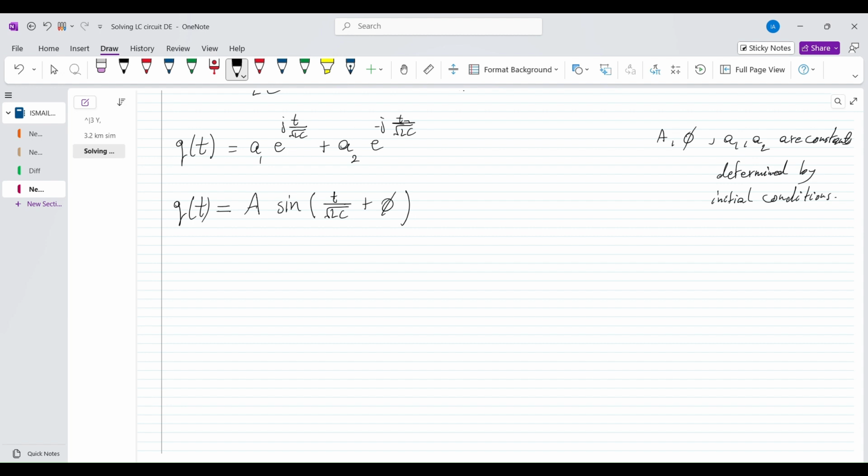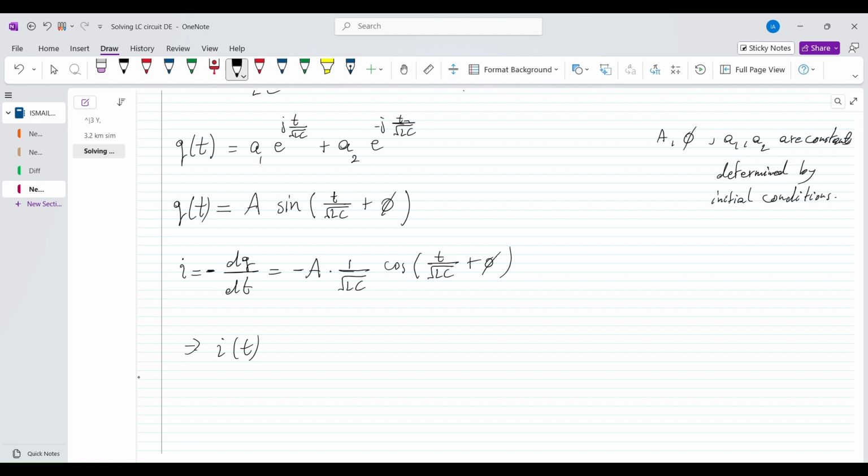We solved for q. Now can we solve for I? Yes, we can solve for I. I is equal to minus, don't forget the minus sign, dq over dt. And this will be minus a multiplied by 1 over the square root of LC multiplied by cosine of t over square root of LC plus phi.